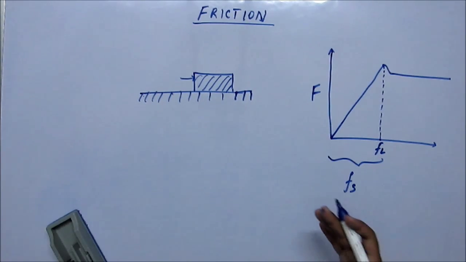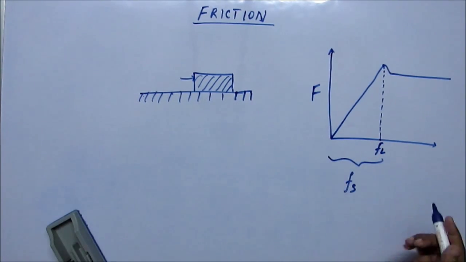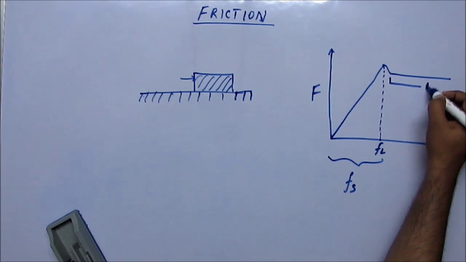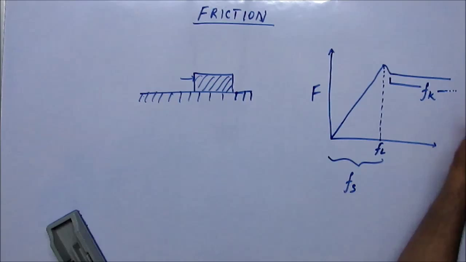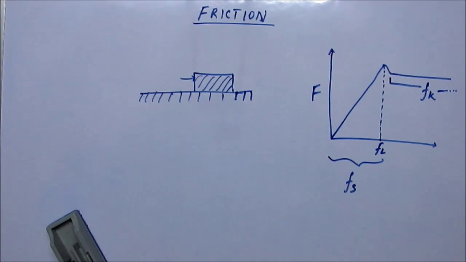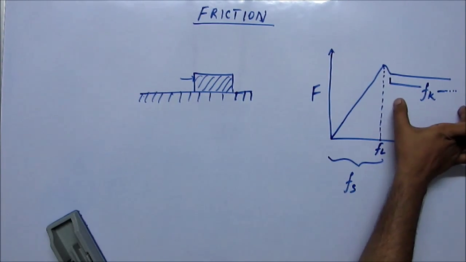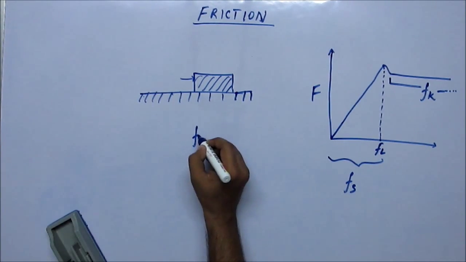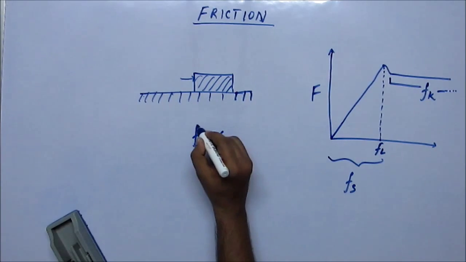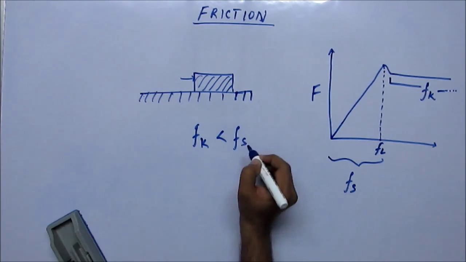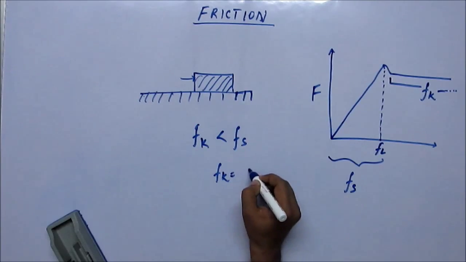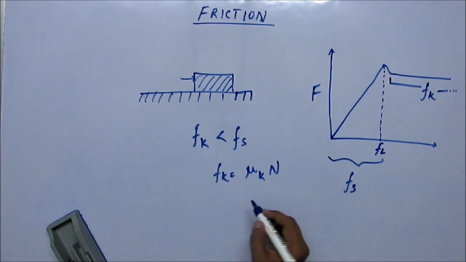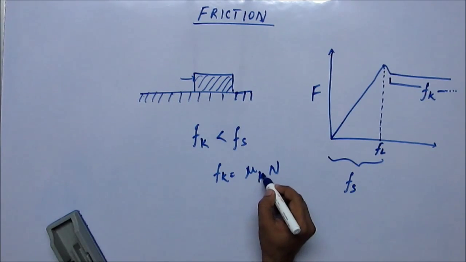So this is how the friction force varies from 0. This portion from here will be kinetic friction, because the body is in motion. So this is kinetic friction and this is static friction. So the important thing is kinetic friction will always be less than static friction. Kinetic friction is also mu k into normal reaction. It also depends only on normal reaction, but the coefficient of friction changes.